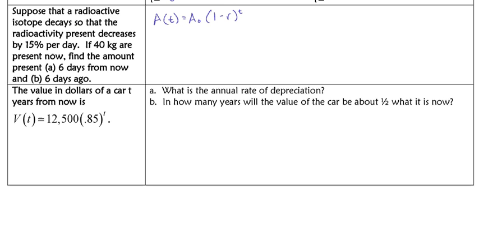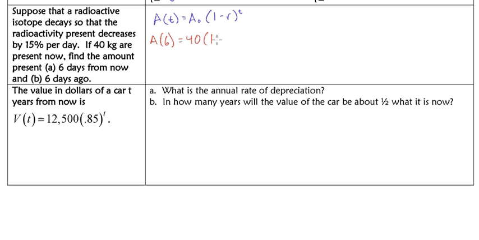Now we're just going to plug in the things that we know. We're looking for 6 days from now, so we're going to be at the amount in 6 days. That's our time, and it's a function of t. A sub 0 is 40. How many kilograms are present right now? That's our starting point.